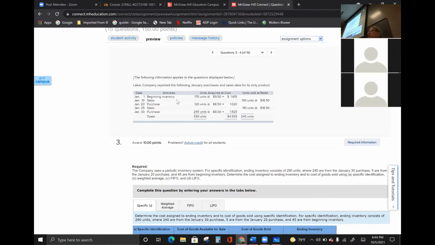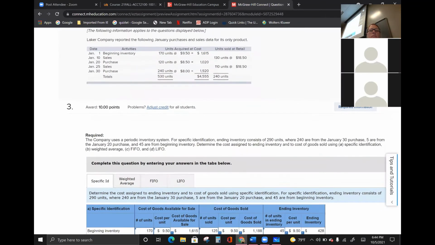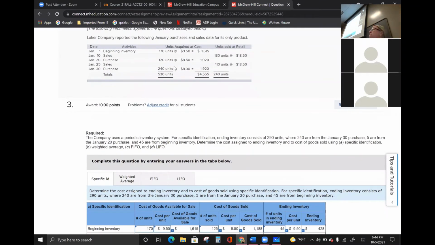It's telling us how many units, what the cost per unit is, and what the total cost is once you calculate that out. Can y'all see it? When we sold, it tells us what your sales are, how many units you sold, and what you sold them for.